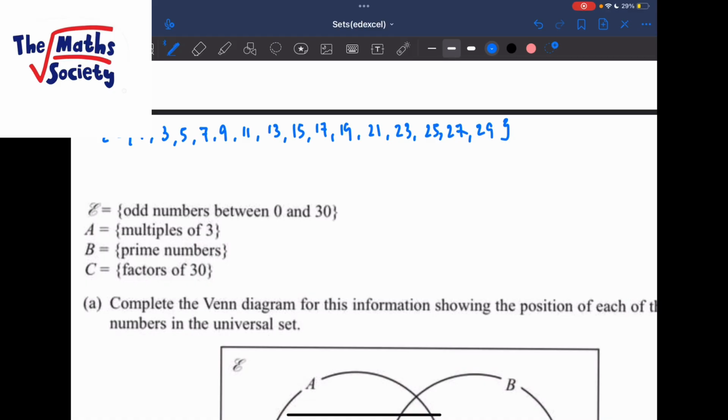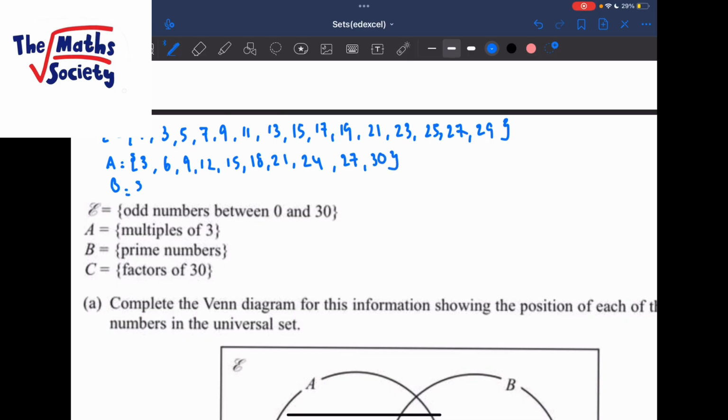Yeah, and then multiples of 3: 3, 6, 9, 12, 15, 24, 27, 30.